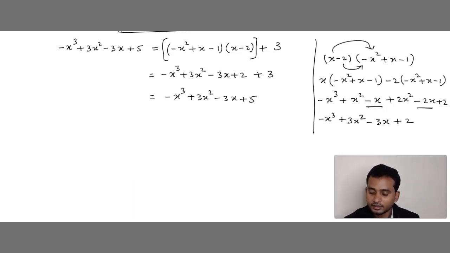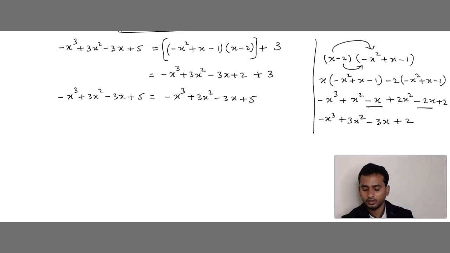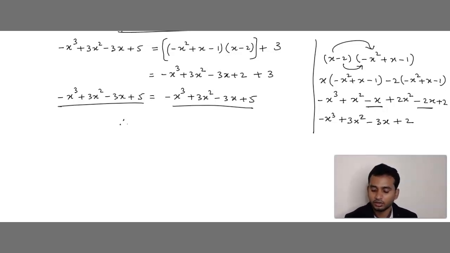See the LHS, that is minus x cube plus 3x square minus 3x plus 5. You can see this side LHS and this side RHS, minus x cube plus 3x square minus 3x plus 5. So therefore we can say that LHS is equal to RHS. Hence proved.